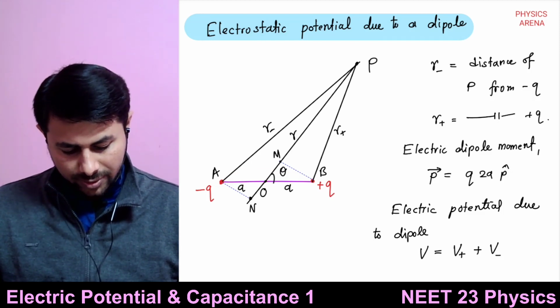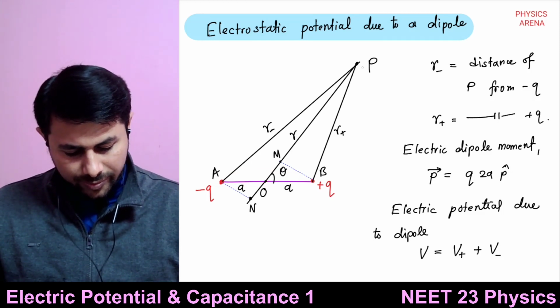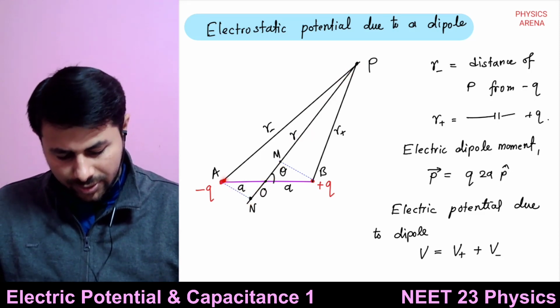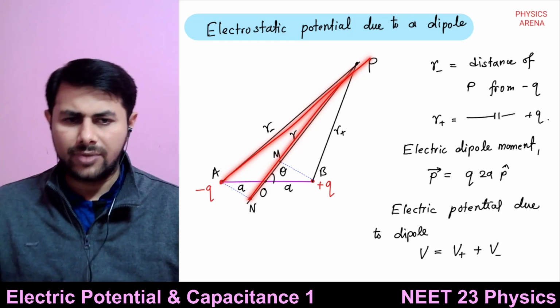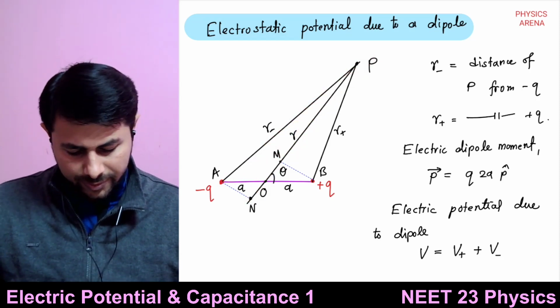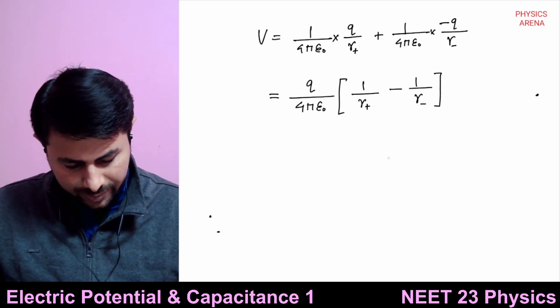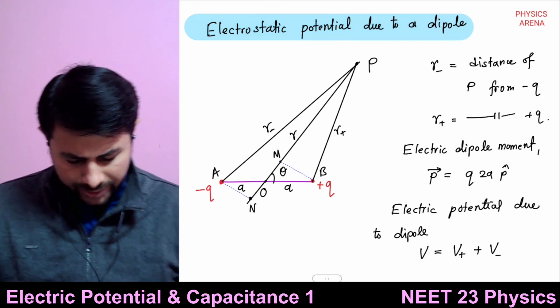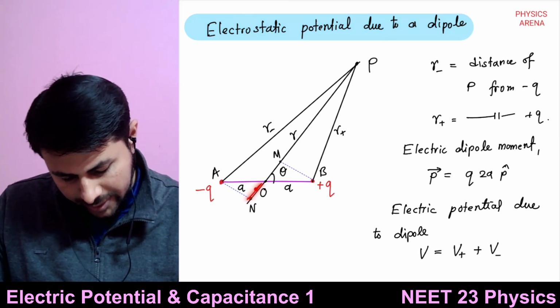Now if we extend this line and draw a perpendicular from here, this distance and this distance will be almost equal. Next, we'll find out this distance.